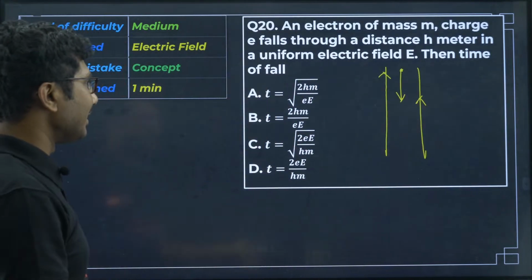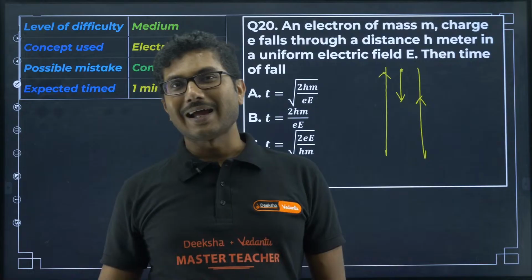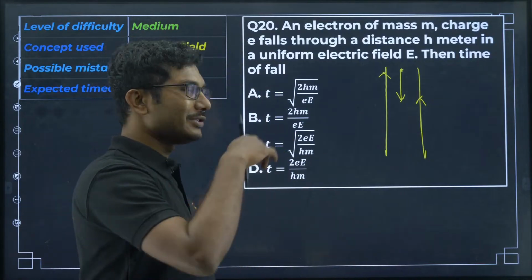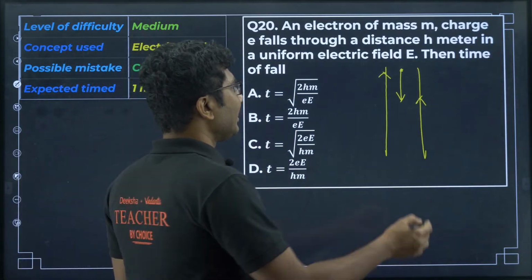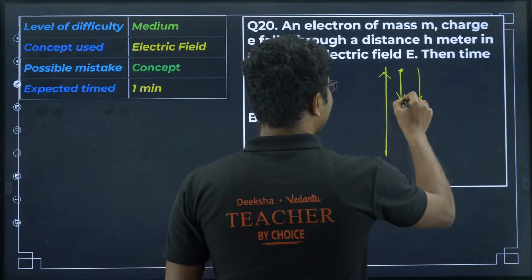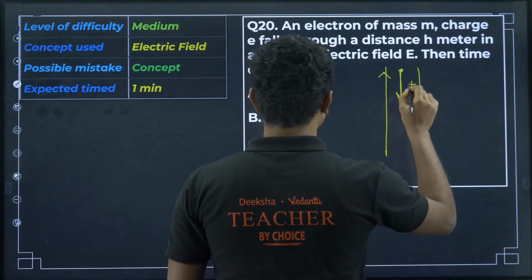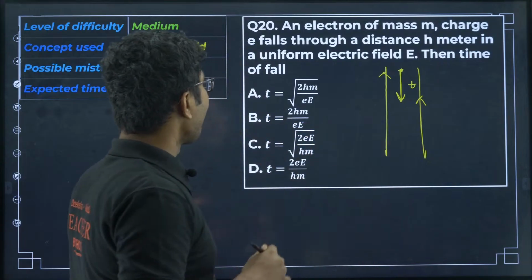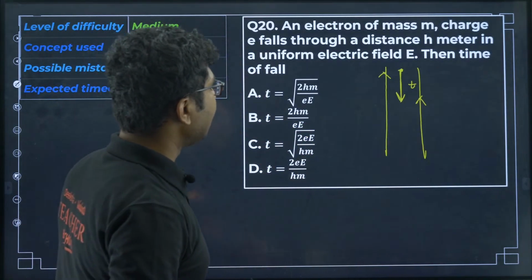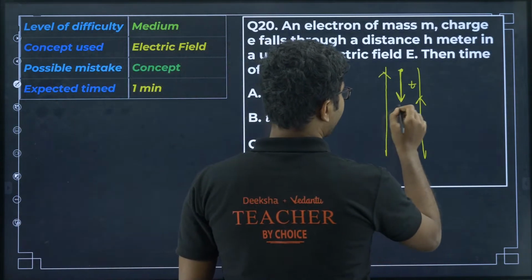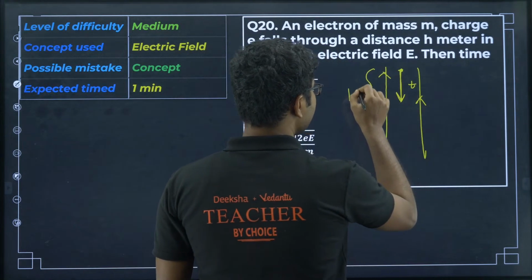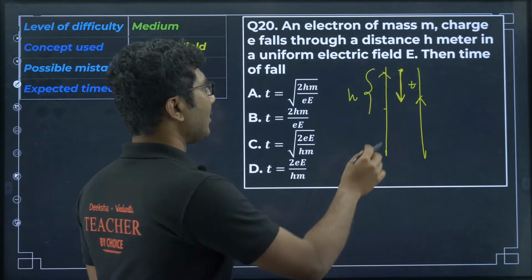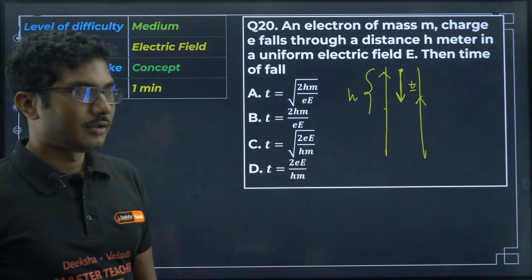Electron falling means gravity is not there, electron is moving opposite to the electric field. After some time t, it moved a distance h, then what is the value of this t? Okay.